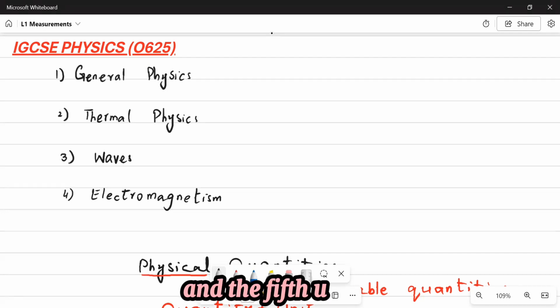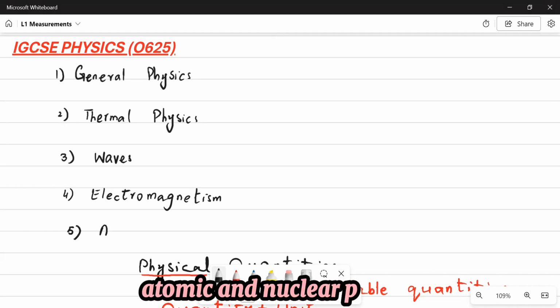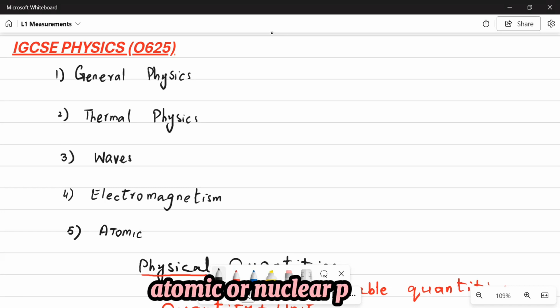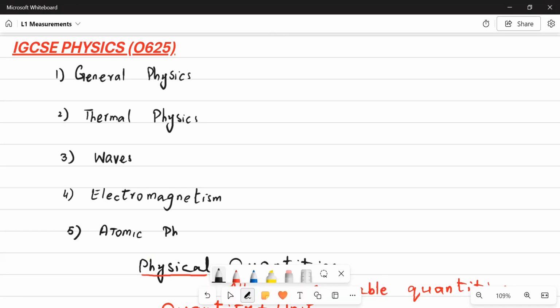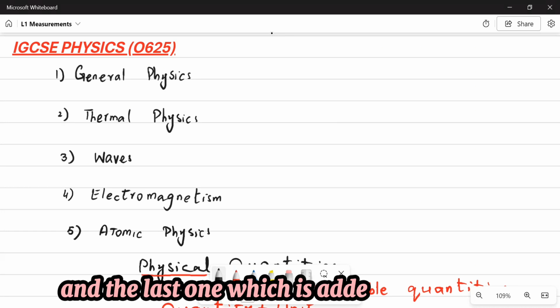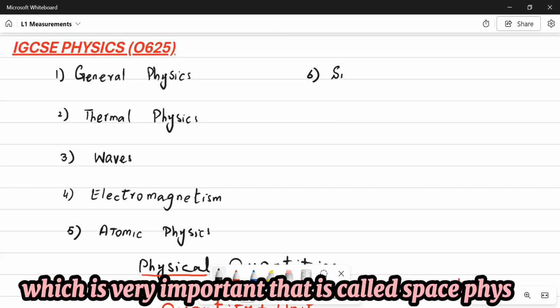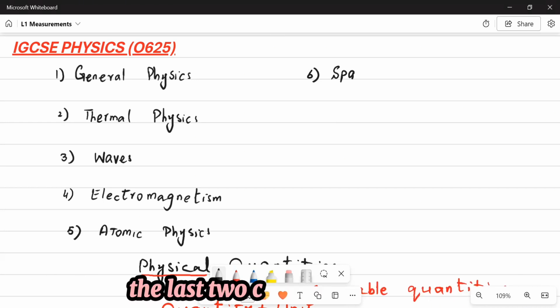The fifth unit is atomic and nuclear physics. And the last one, which has been added since 2023 and is very important, is called space physics. These are the last 2 chapters of Unit 6.